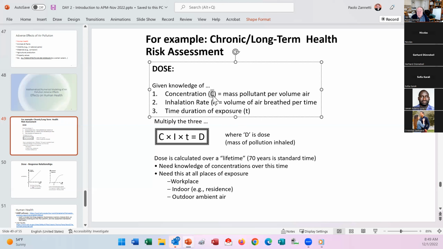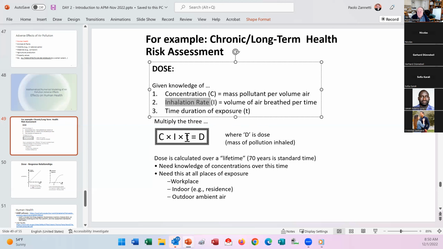Then you know the concentration, don't forget, is mass over volume. Then you know the volume of air breathed per time. You know the inhalation rate, typical of a person. So concentration is mass over volume, multiplied by volume, and you have mass. The mass of the chemical inhaled.